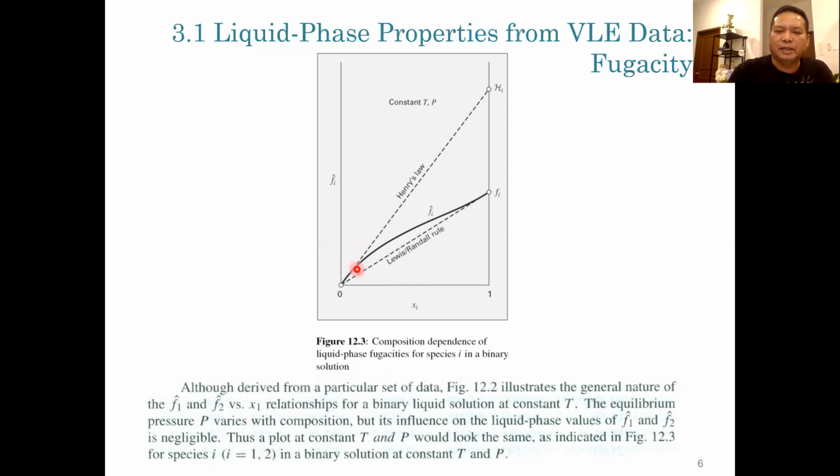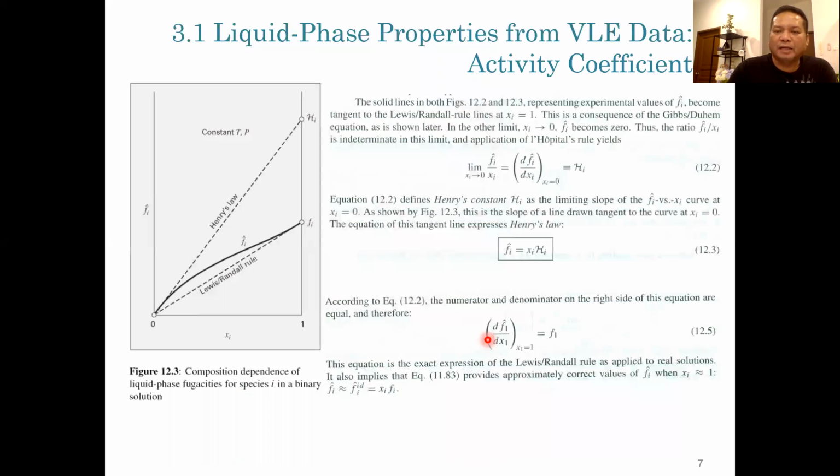That's what the slide is mentioning. So this is the proof of when we are going to use Henry's law; with Henry's law here, we use this slope. So towards pure species, we use the Lewis-Randall rule, and for infinite dilution, we use Henry's law.